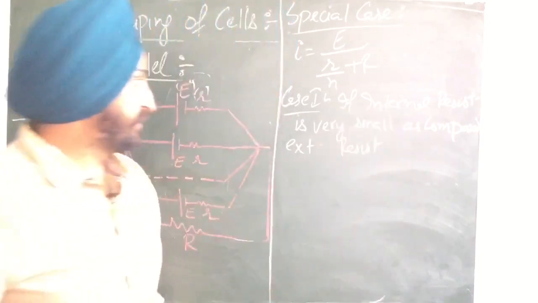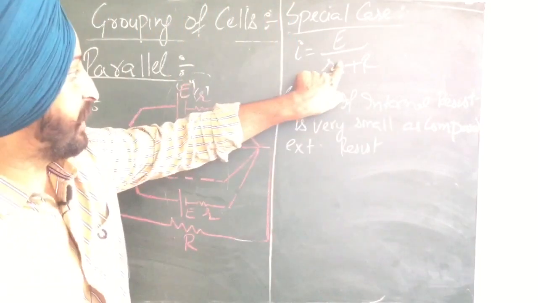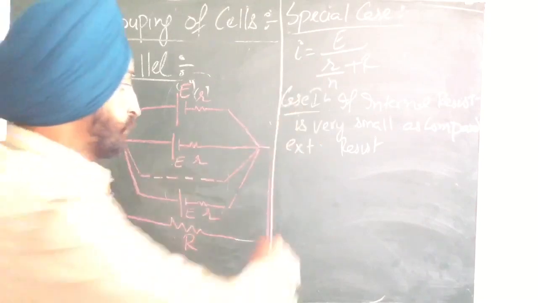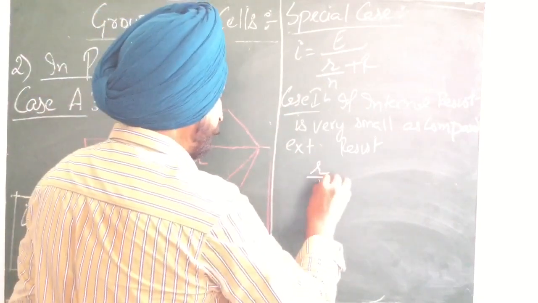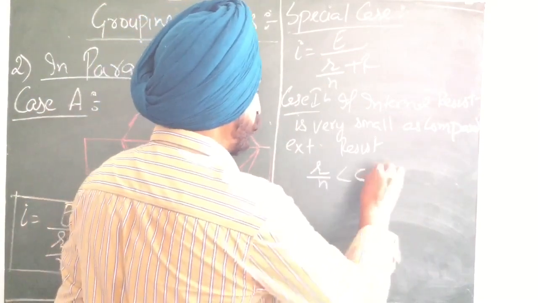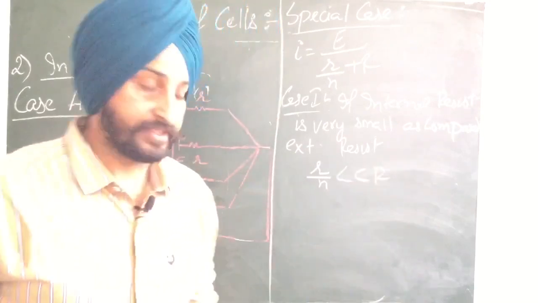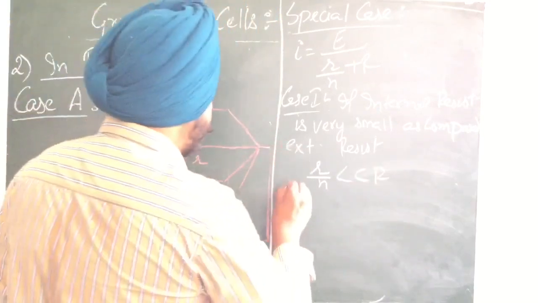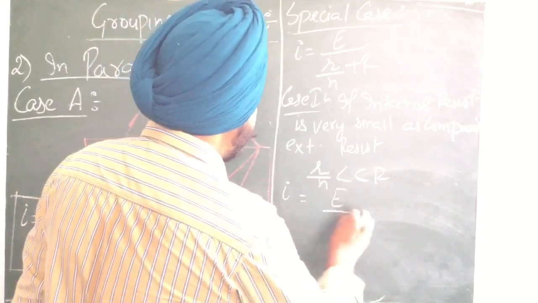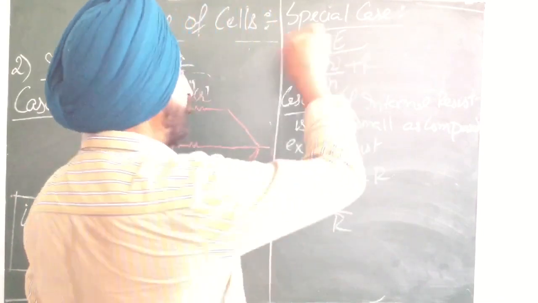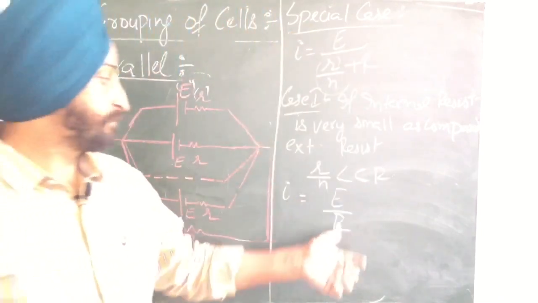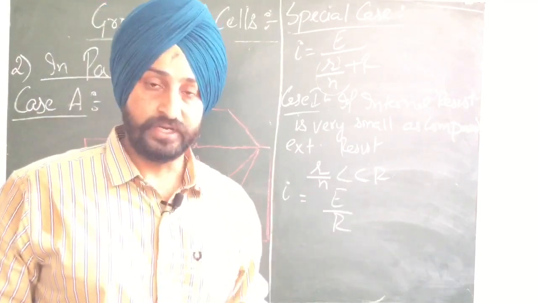So what is internal resistance? Internal resistance is R by n. So if R by n is very small as compared to external resistance, then what would happen? The current would be equal to E by R. This will get neglected. Fine. So this is basically the current due to one cell only.